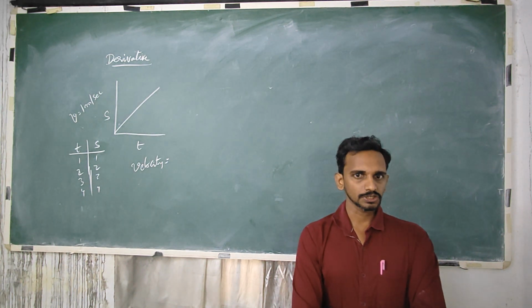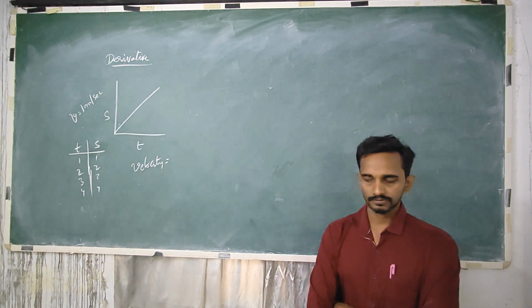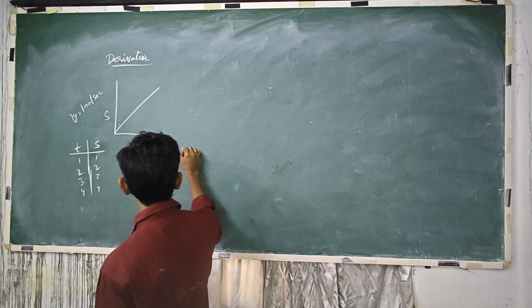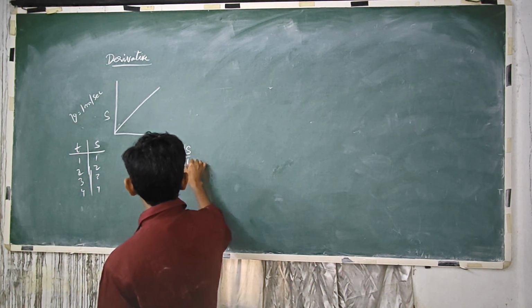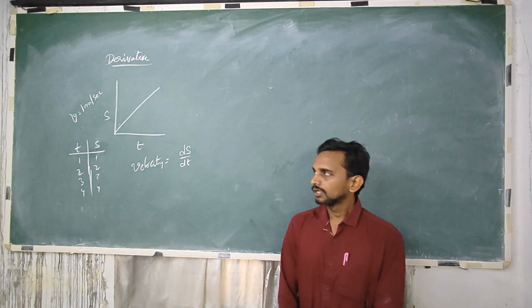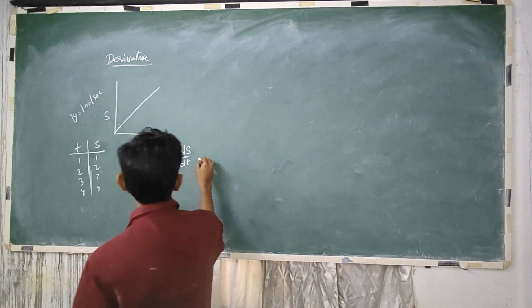Velocity is rate of change of displacement. There are so many definitions for that. One is ds by dt, where you will take 2 points.